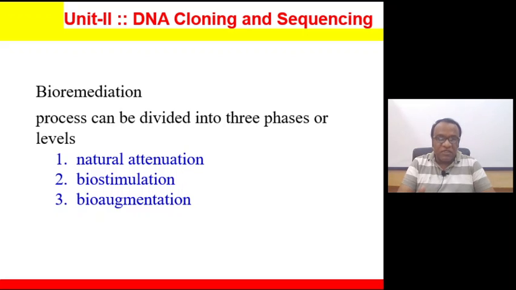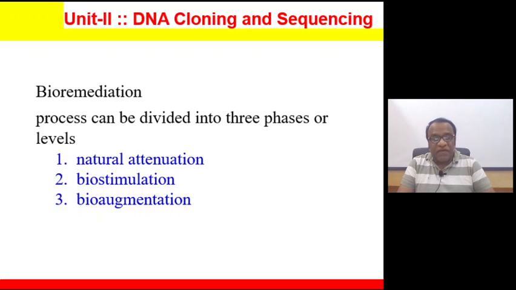So we are speaking about three different levels of the process of bioremediation, which is an associated process of the term biodegradation. The first phase is natural attenuation, where the contaminants are reduced by the native microorganisms, and there is no involvement or augmentation by human activity.